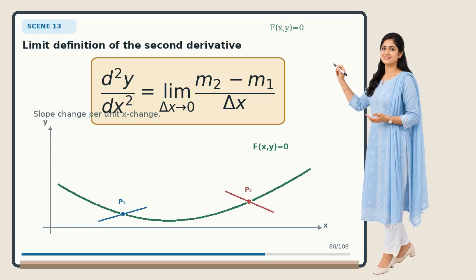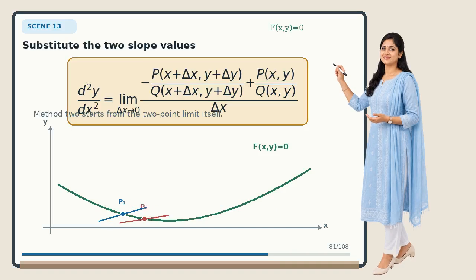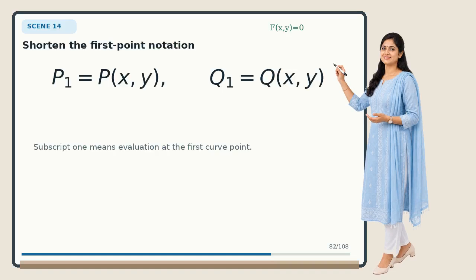The second derivative is the limit of the change in slope divided by the change in x. Substitute m2 and m1. This long expression is simply the definition of the derivative of the slope along the curve. For readability, let P1 and Q1 denote the values of the functions p and q at the first point.